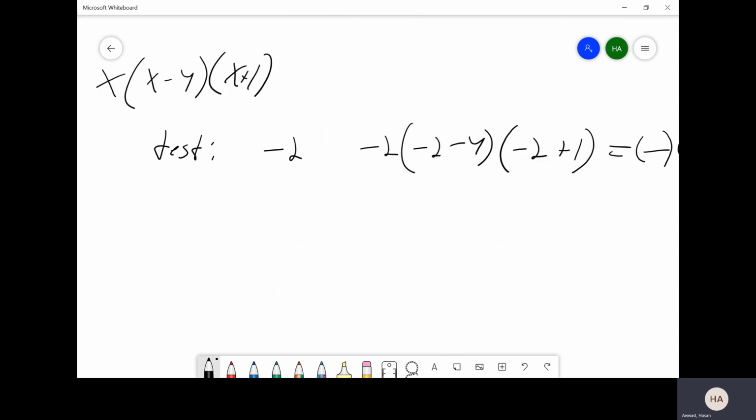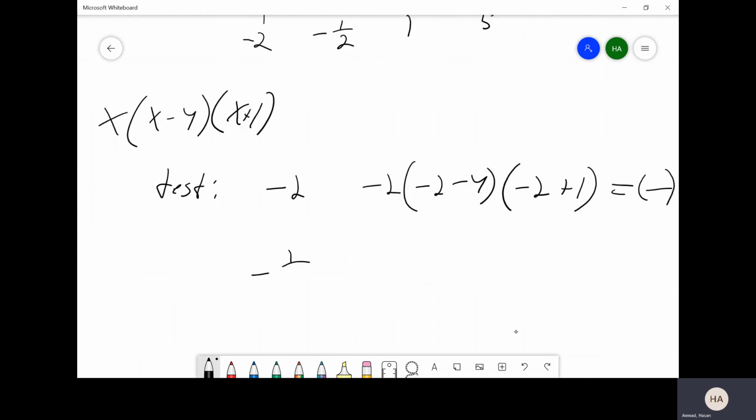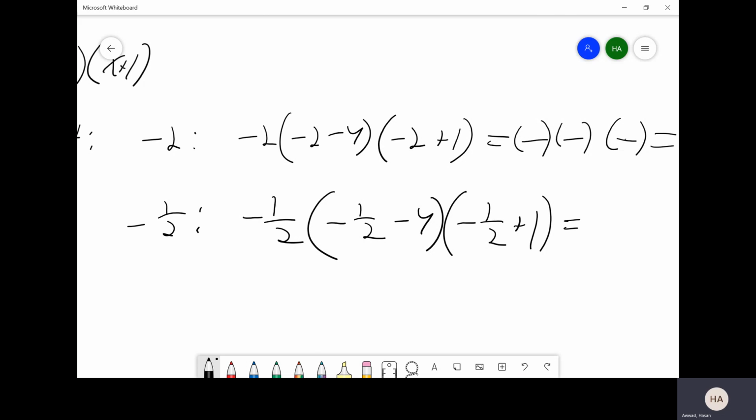Okay, so next we have to do -1/2, unfortunately. We have to just bite the bullet and do this. So -1/2, that means I'm going to have -1/2 on the outside, then (-1/2 minus 4), and (-1/2 plus 1). Well, the good news is we don't actually care about specific values, so as long as you can figure out what the sign is in your head, you're okay.